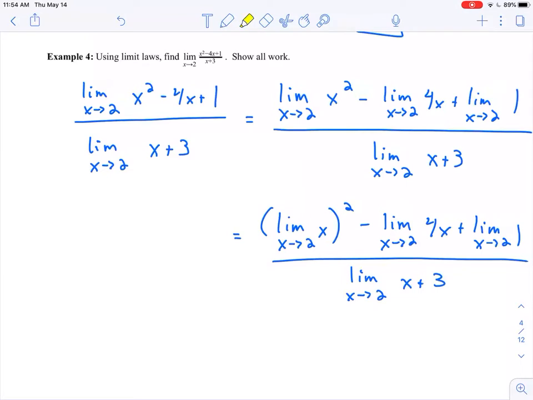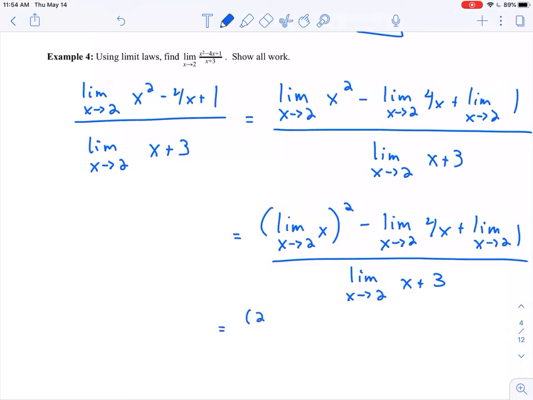And now this is linear, this is linear, this is linear or constant, but again, in either case we know how to deal with it. X plus 3, that's linear. At this point we're good to go. We can go ahead and plug in x equals 2 in each one of these cases.